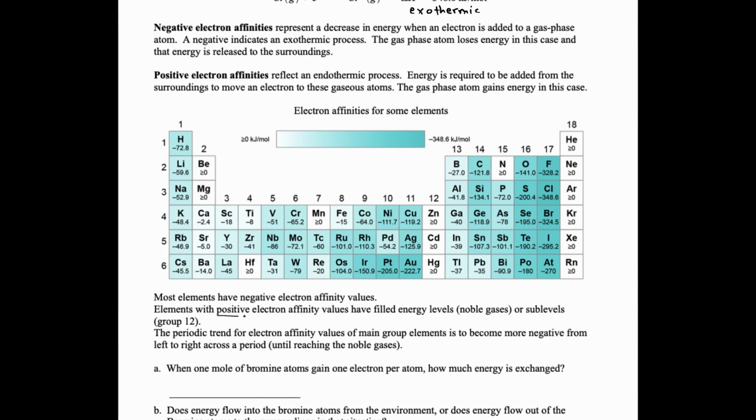Some of the elements that have positive electron affinities would be those that are noble gases in the far right here, or those that have full sublevels, such as beryllium and magnesium. They have a complete S shell there, so they don't want to accept another electron is the idea. We also see that electron affinities tend to get larger as we go to the right, except for those exceptions which I mentioned above.